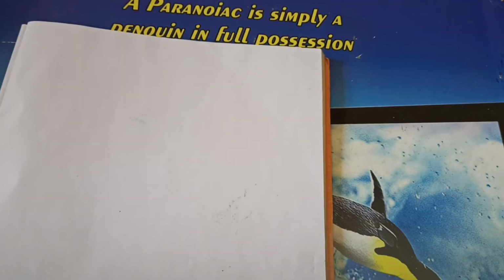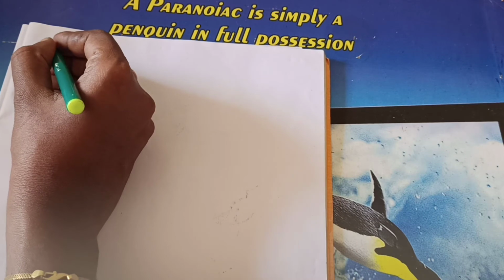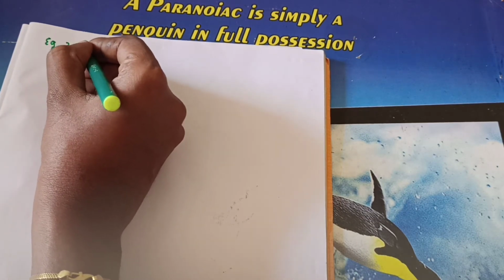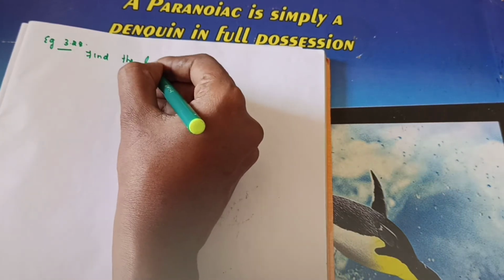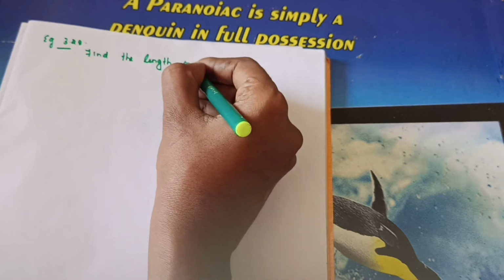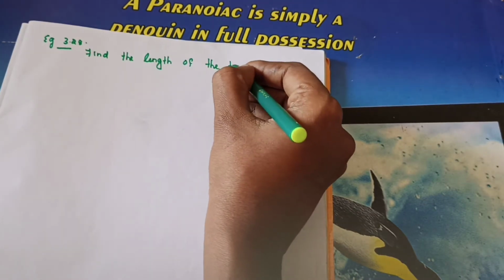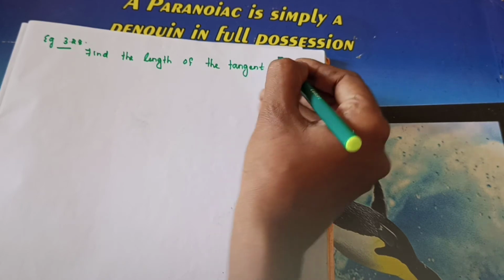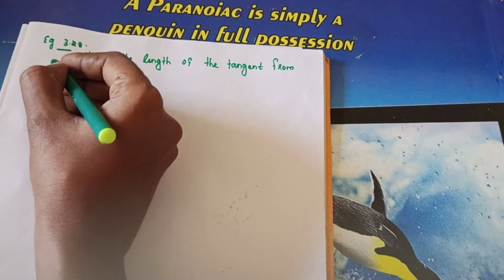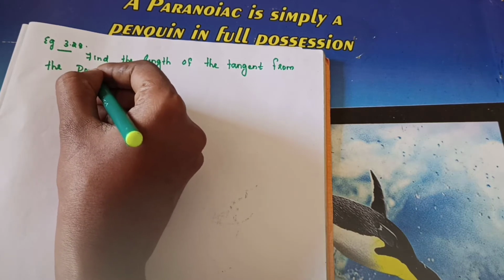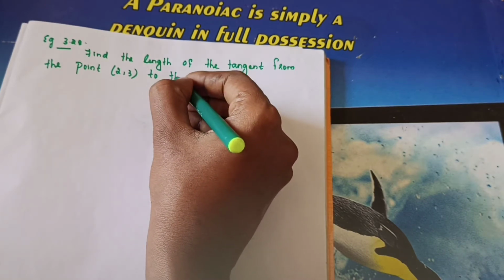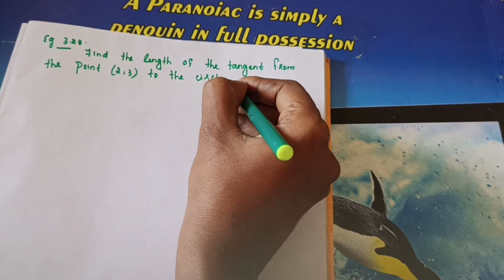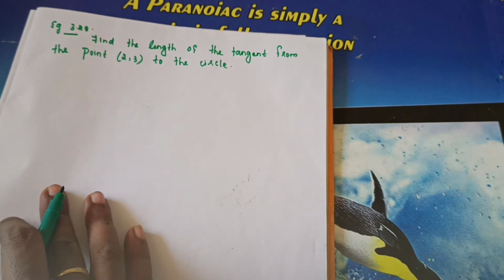Example 3.28. Find the length of the tangent from the point 2, 3 to the circle.